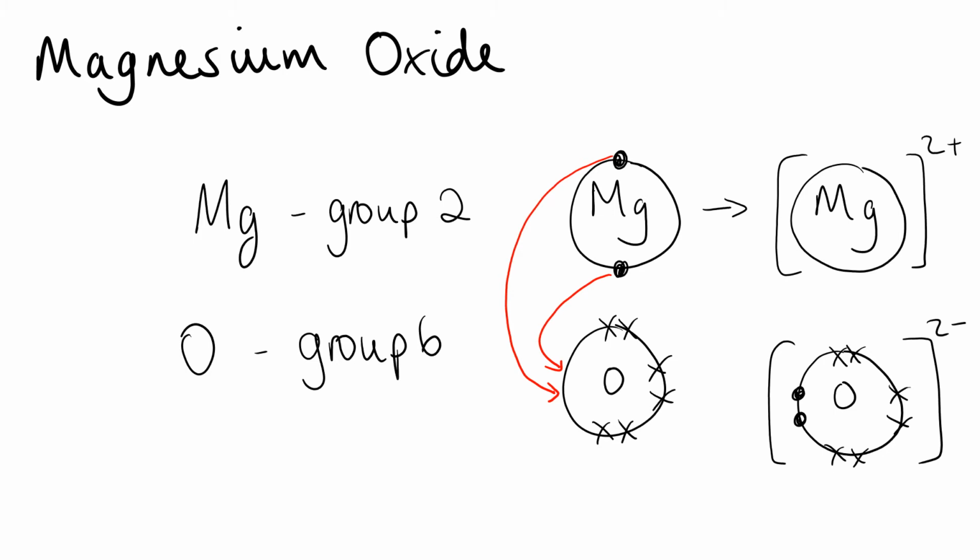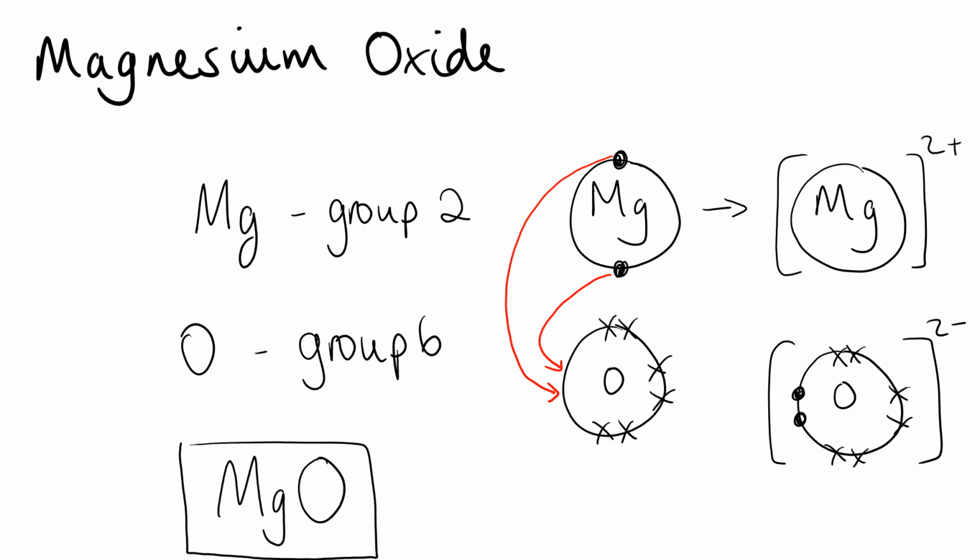Now because we only need 1 magnesium and 1 oxygen in order for both of them to end up with full outer shells, the ionic formula of magnesium oxide is MgO, 1 magnesium and 1 oxygen.